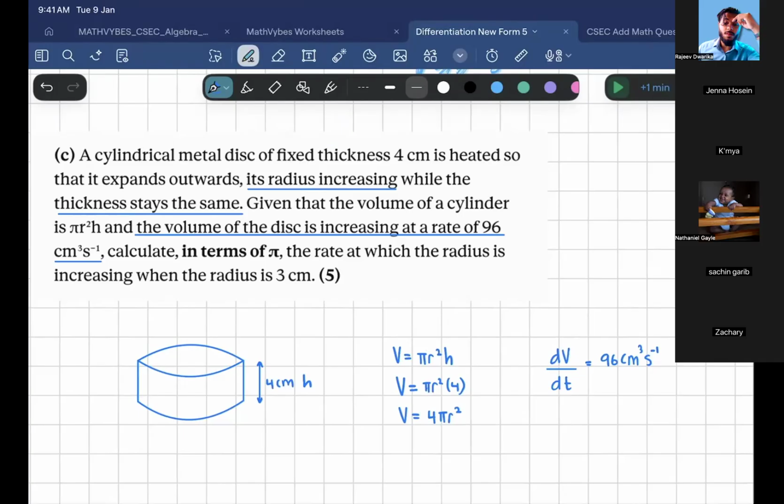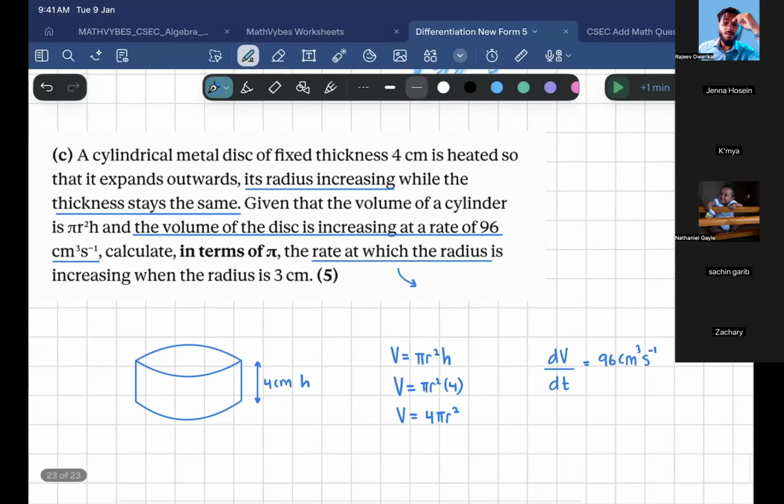So Jenna, they want me to calculate the rate at which the radius is increasing. So what do you want me to find? The rate at which the radius is increasing, right? So what's changing with respect to what there?